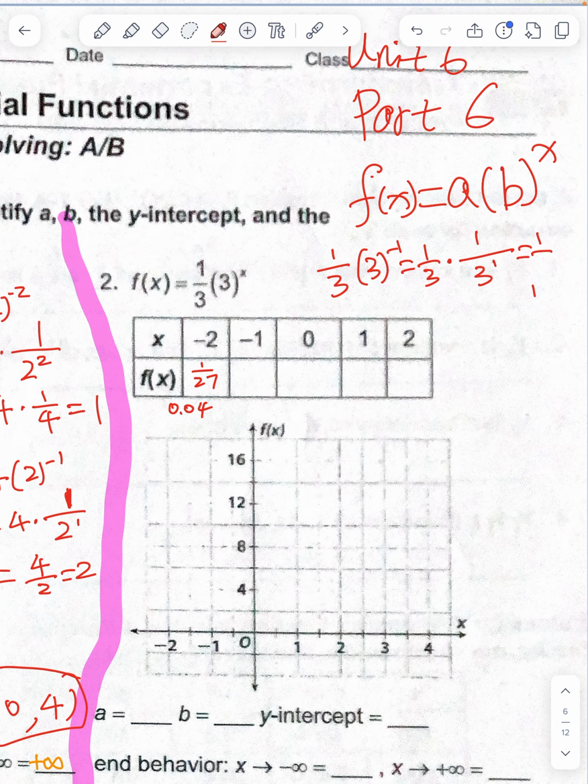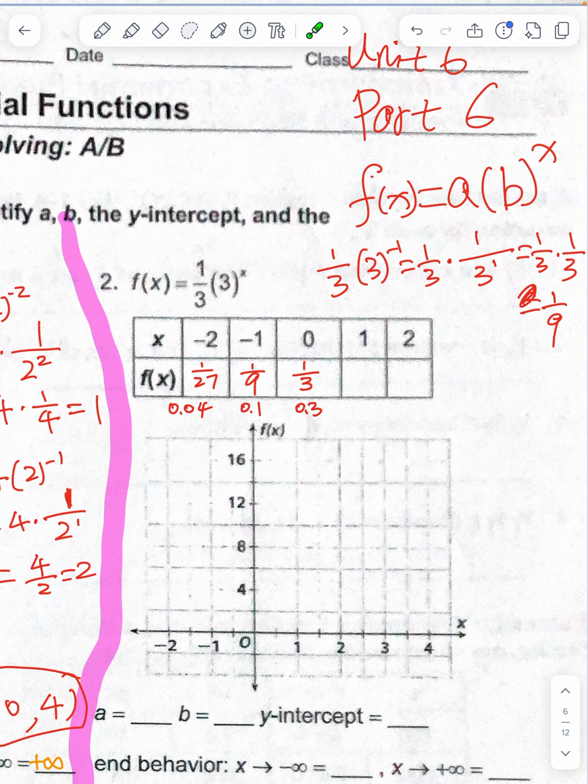So this is 1/3 times 1/3, so this is 1/9. 1 divided by 9, that's 0.1. Okay, when x equals 0, 3 to the 0 is 1. 1 times 1/3, so this is 1/3. 1/3 is 0.3, right? Approximation, rounded.